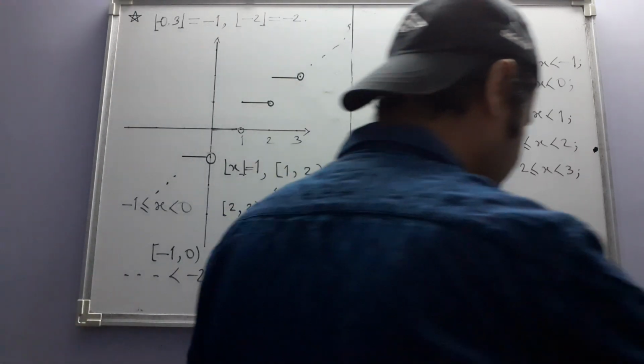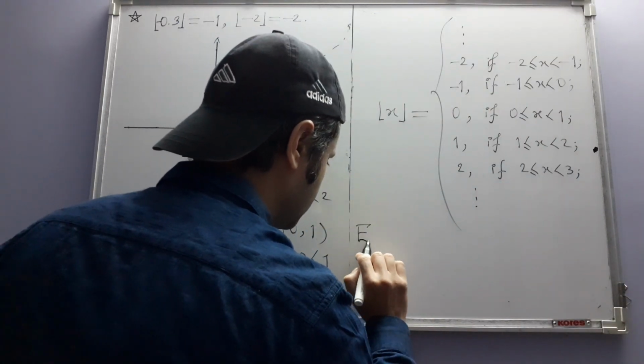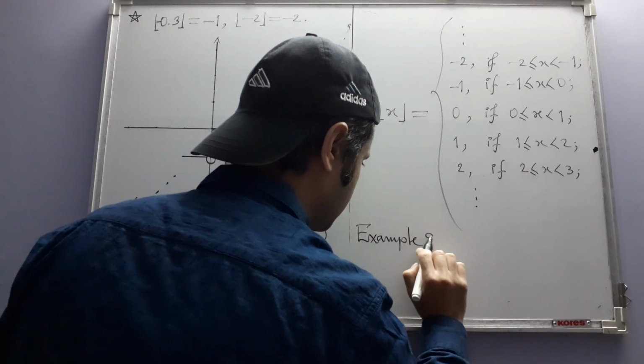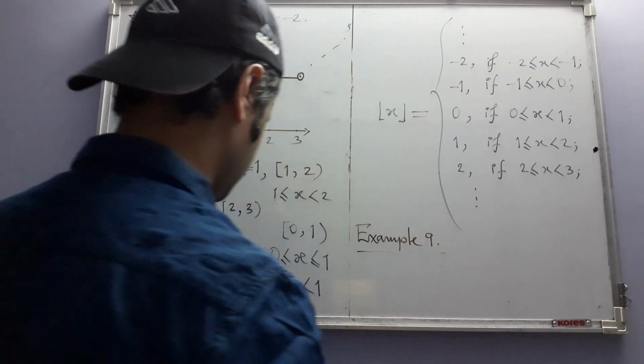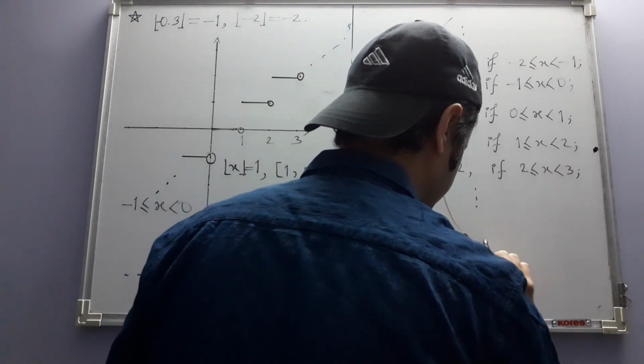So that is the next thing. Example 9. The least integer function.